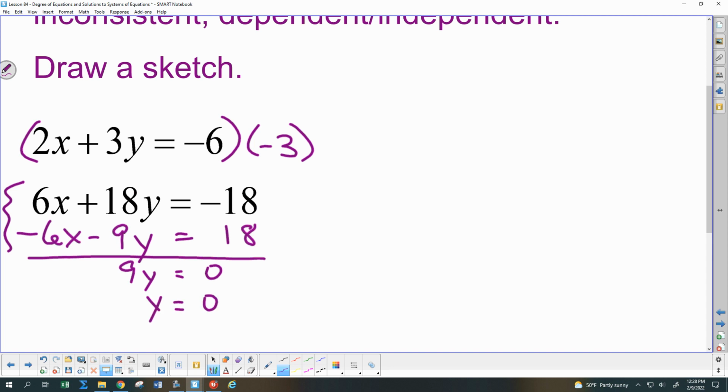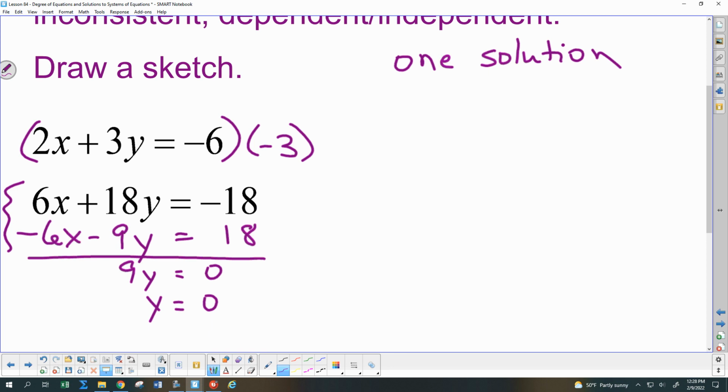So if you get down to x or y equals a number, that means that you have one solution. If you get 3 equals 3, that's always true, or 3 equals 5, that's never true, then you know you either have infinitely many solutions or no solutions.